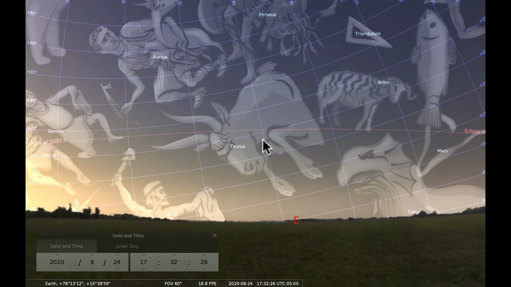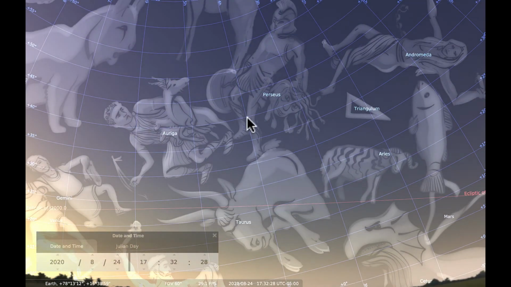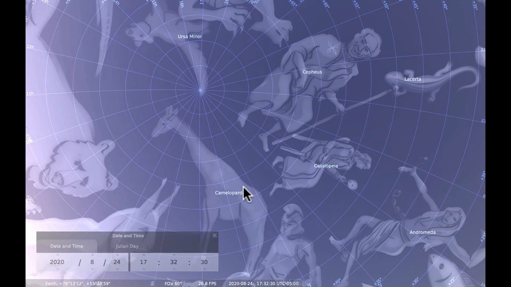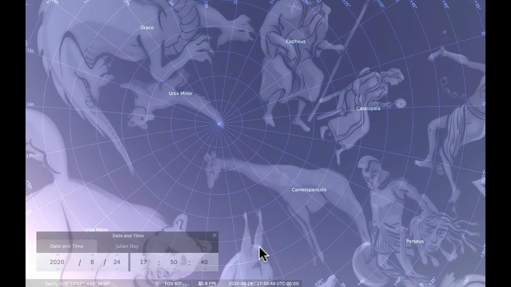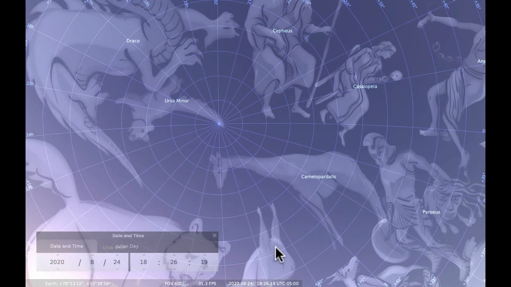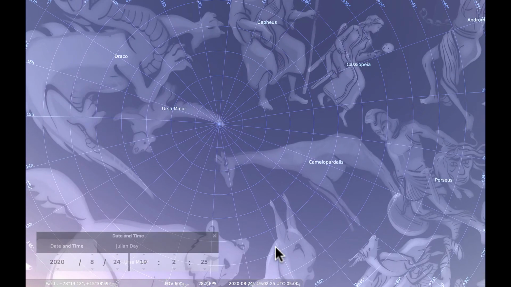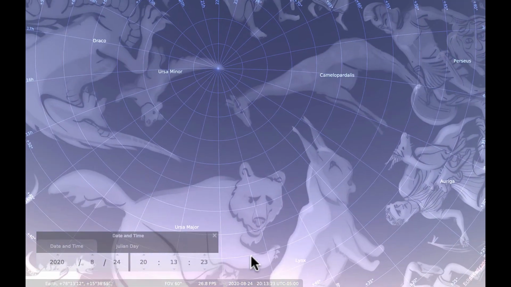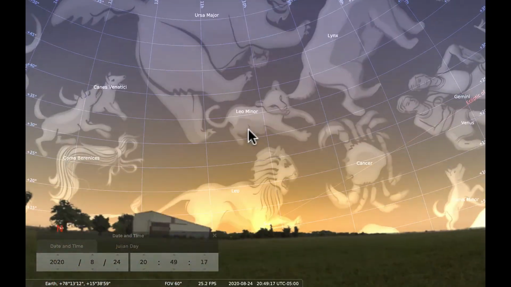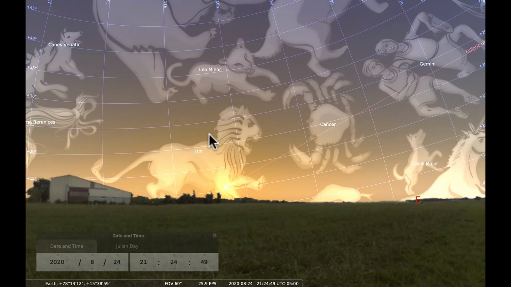Okay? And if we look straight above us, that is where the pole star is, the North Pole. So if we were to move in time forward and look straight up above us, the entire sky would be rotating around the North Pole star, which is above us. And notice now what happens if you look toward the horizon.